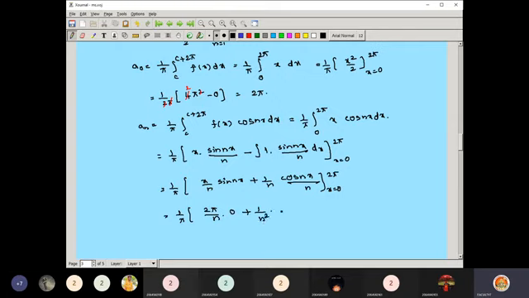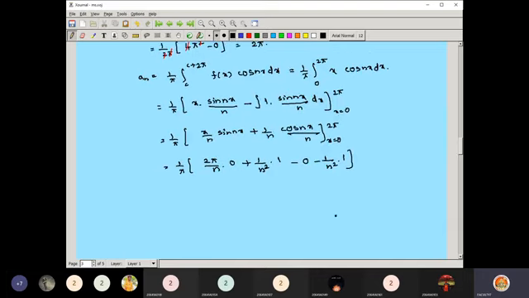What is cos n into 2 pi? It is always 1, even value so 1. Minus, go for x equal to 0. First term is 0. For the second, it is minus, so 1 by n square cos n into 0. Cos 0 value is 1. Upper limit minus lower limit.